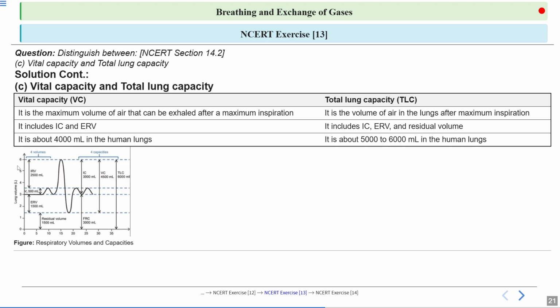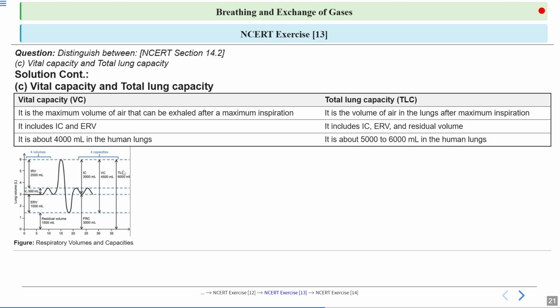So up to here you can see vital capacity. So ERV, tidal volume, and IRV, right? So these are the vital capacity on the graph. You can see 4000 to 4500 ml of range. Now total lung capacity you can see here.